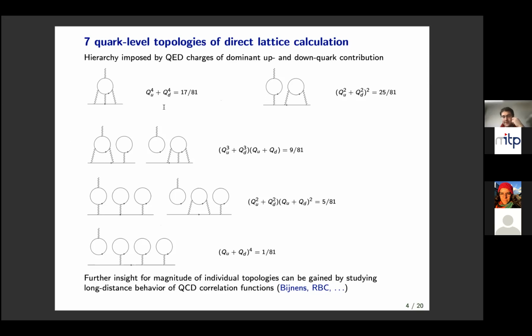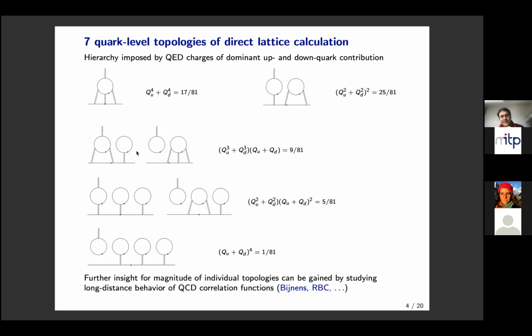And in general, if you look at this, you find that the top line here, which are partially connected diagrams, quark connected diagrams, they should dominate. You also find that this diagram here, which is in a sense more disconnected than this, is of the same size as this one, actually. And one expects that this should about cancel 50% of this contribution. So clearly, both of them would need to be calculated at the same time.